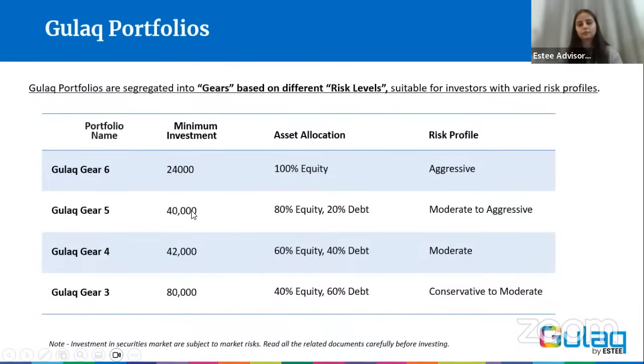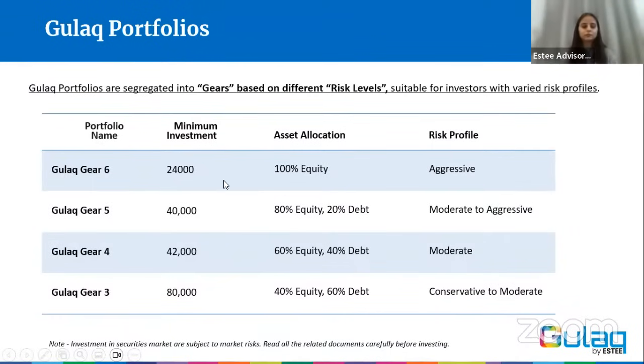From this 40,000, 80%, roughly 32,000, is going to go into equity and 8,000 is going to go into debt. The allocation to equity and the composition of that equity part are exactly the same as Gear 6. The only difference is in the allocation to equity and debt.